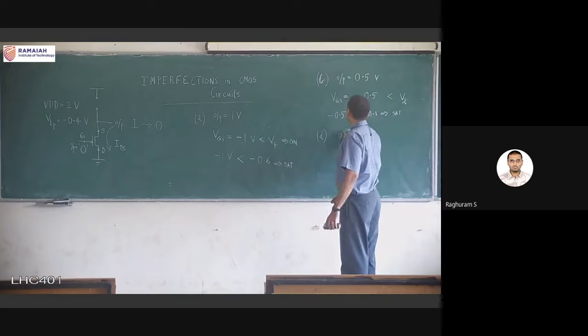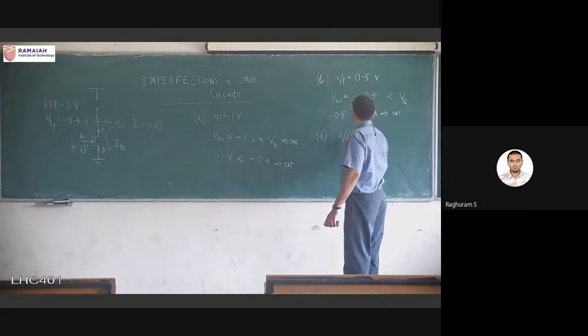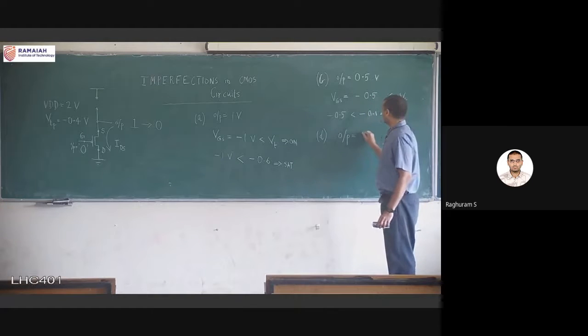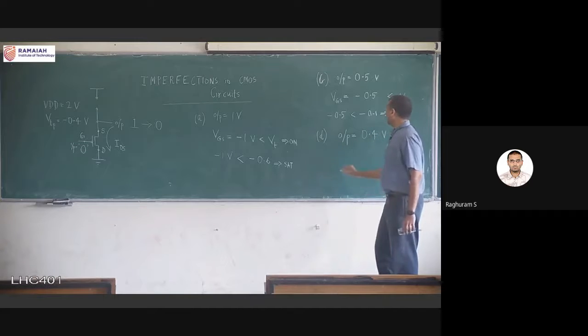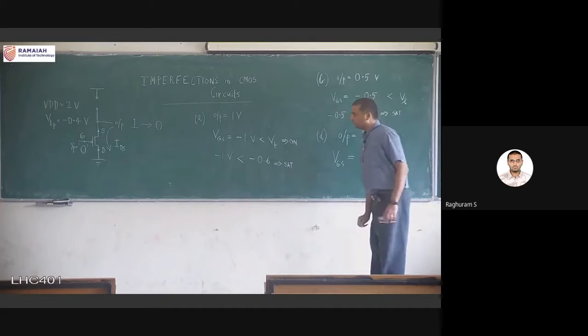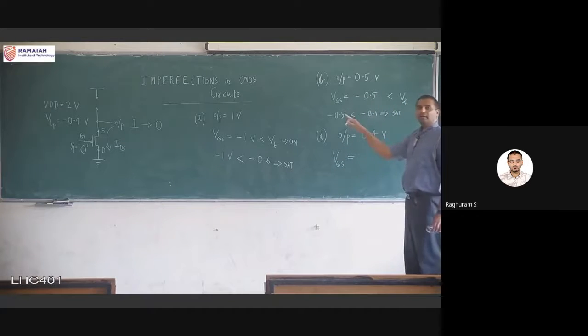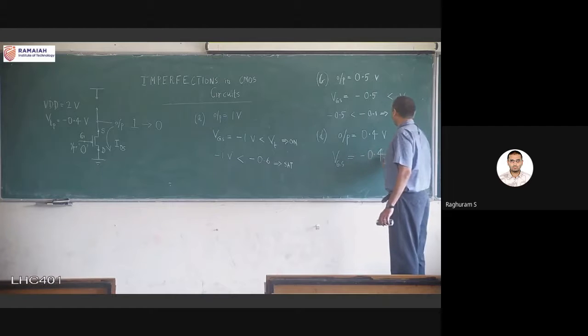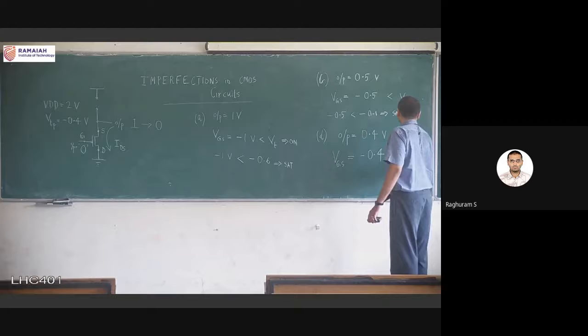Let's say the output equal to, now we have to be a little careful, we have to choose, and I'll tell you why, 0.4 volts. Now VGS equal to 0 minus 0.4 is minus 0.4, which is equal to VT.